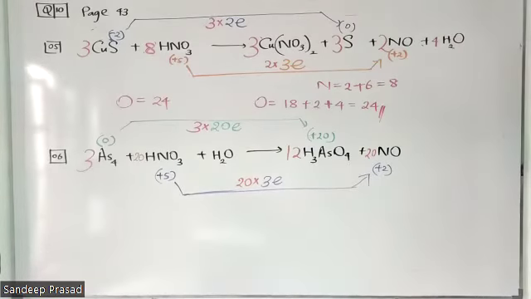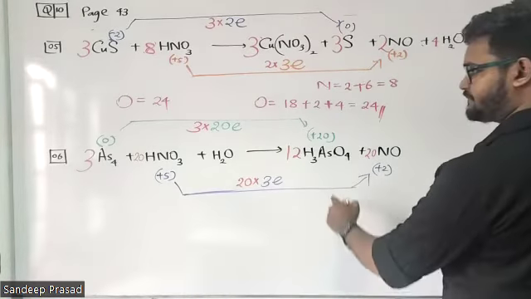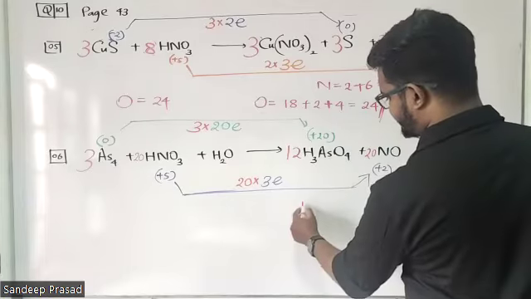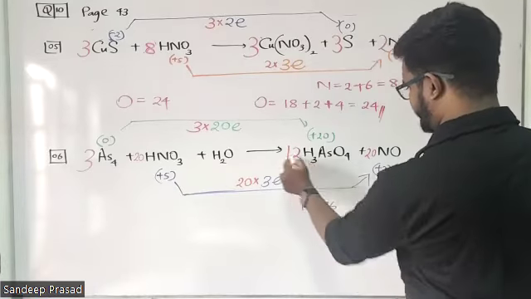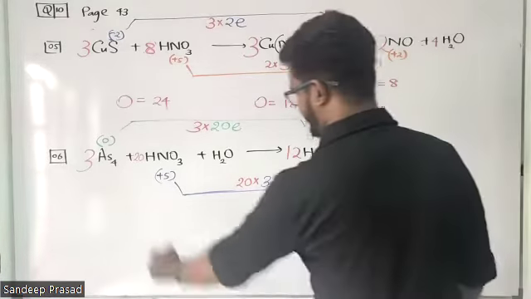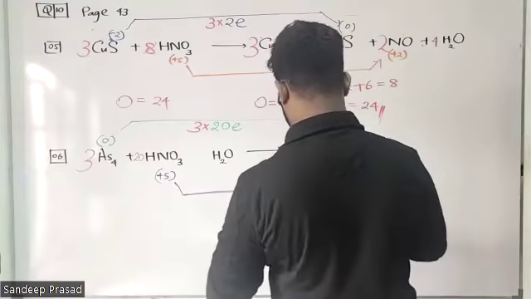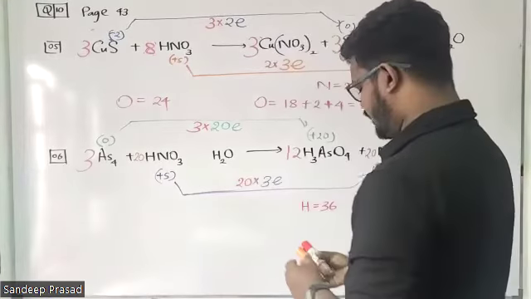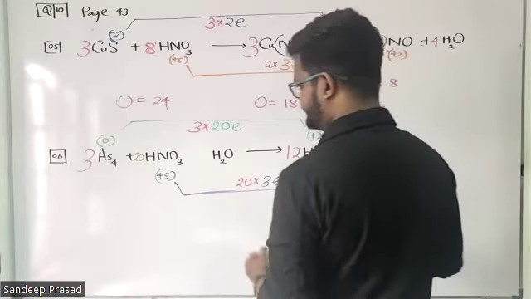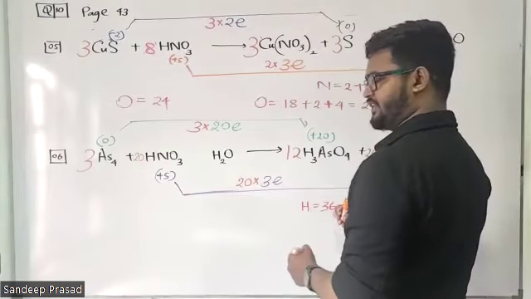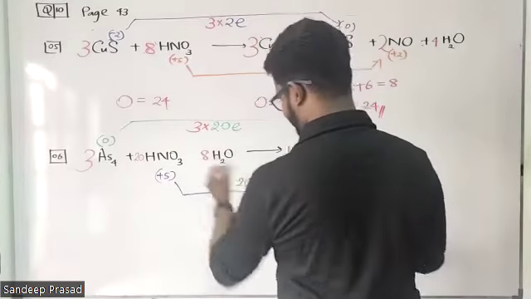This one by 20, 20 here. Right? So you can see that all together there are 36 hydrogen atoms. Here 12 into 3 is 36. Here we have only 12, 20. Then how many hydrogens do we need? We need 36, so we need 16 more. That means 8.